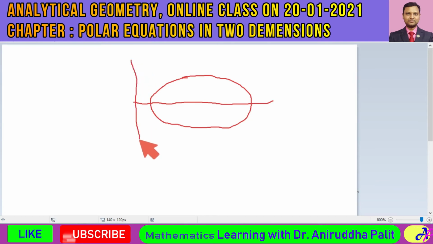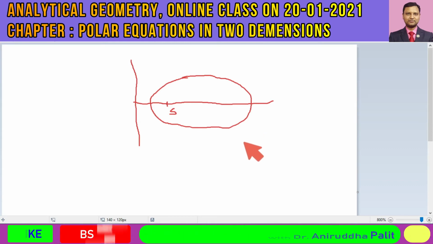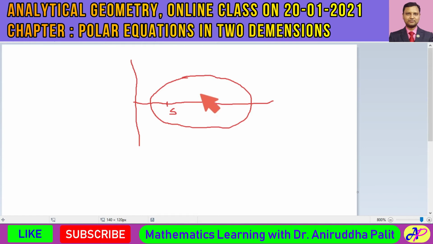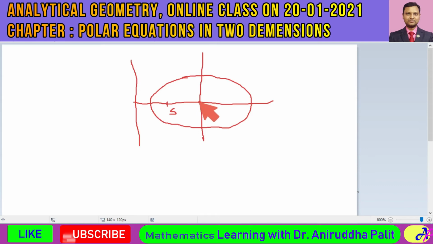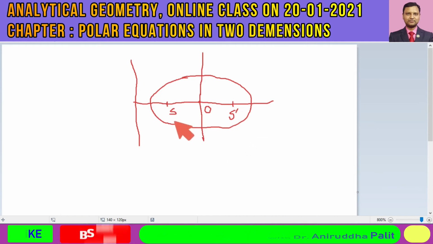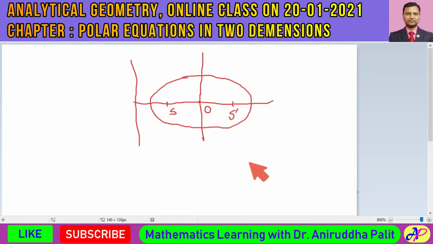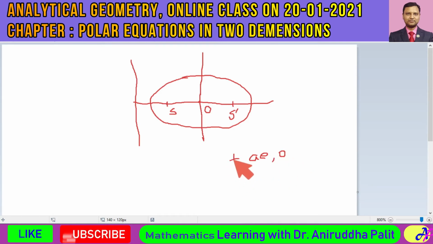This may be the directrix, and say this is the focus S. Now, in the case of Cartesian coordinates, we generally studied the minor axis, and generally this point was taken as the origin O. And we had two different foci, one is S, another is S prime, and we know that their coordinates are plus minus AE comma 0.